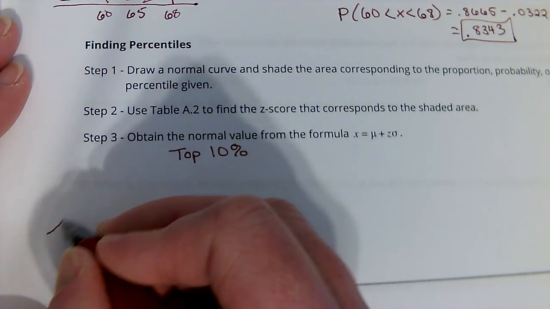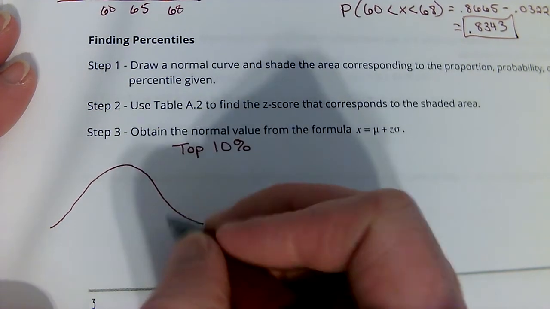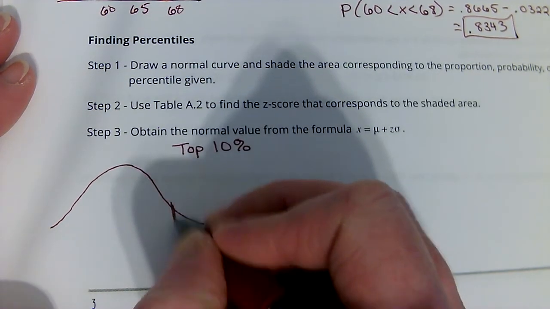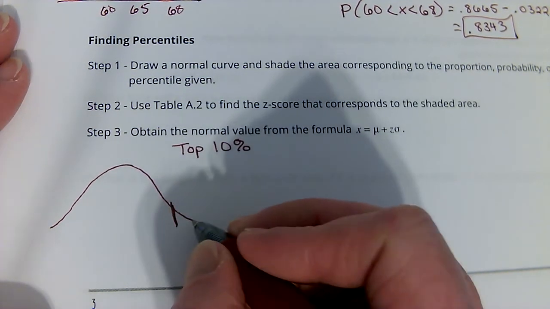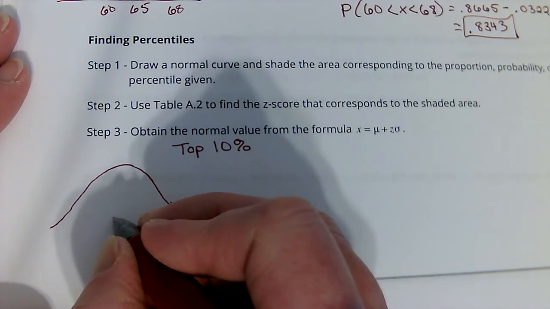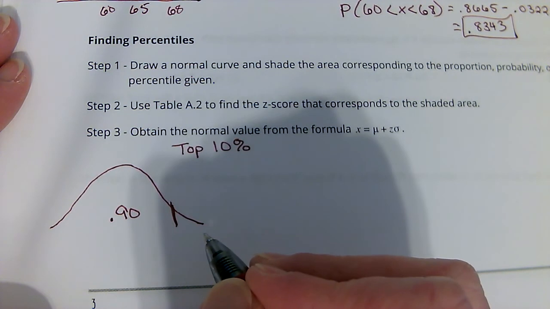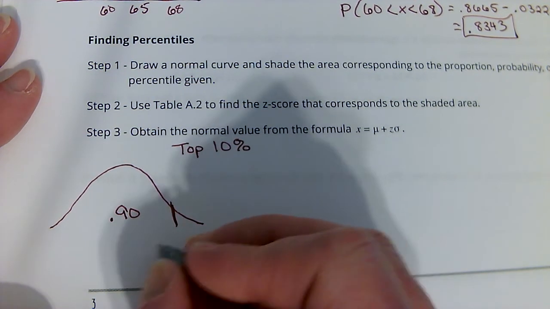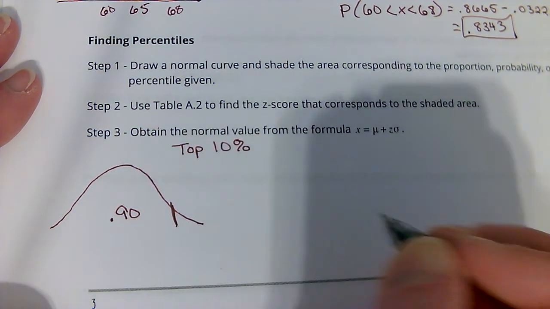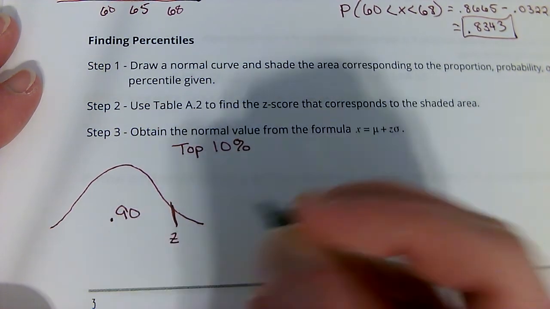The top 10% would be up here, right? That'd be a height really tall. So what would be below that? Well, that would be 0.9, right? 0.90 below. So I would like to find the z-score that goes with that. What would be the z-score?